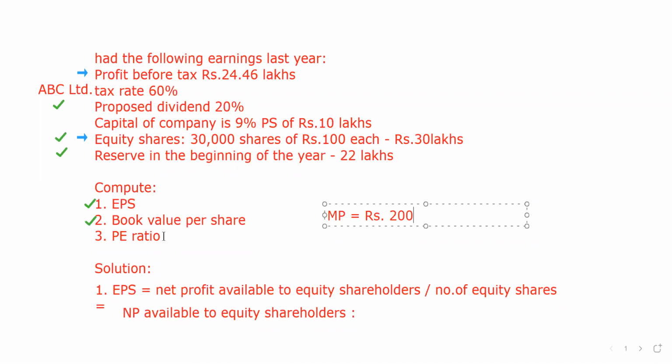So PE ratio is equal to MPS divided by EPS. MPS is 200. EPS is 29.61, which we have calculated.